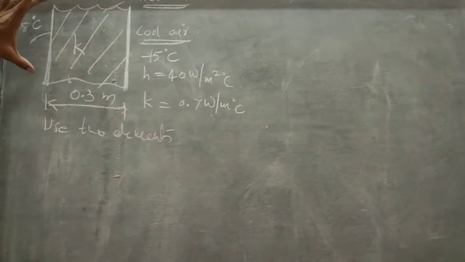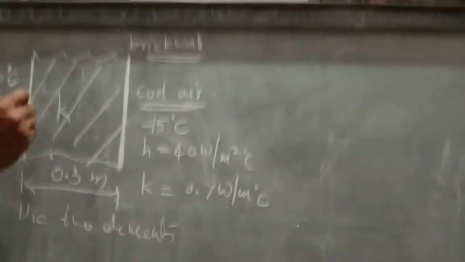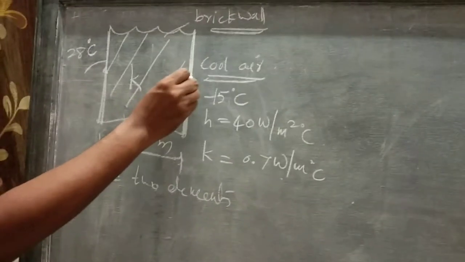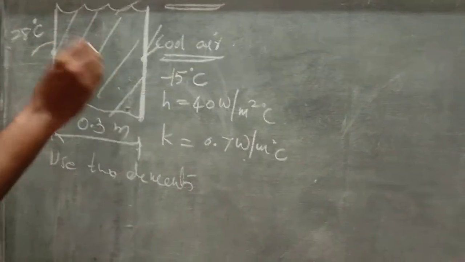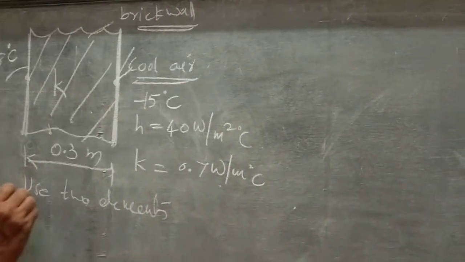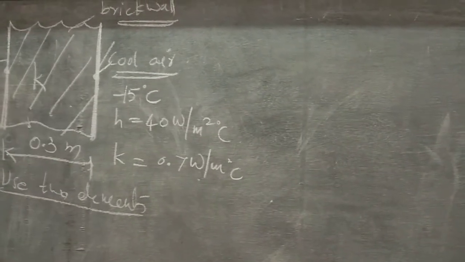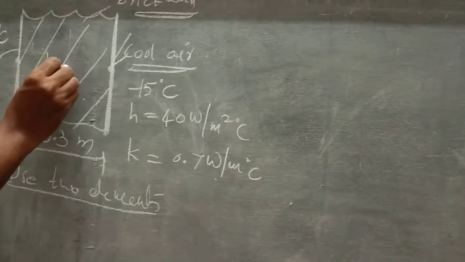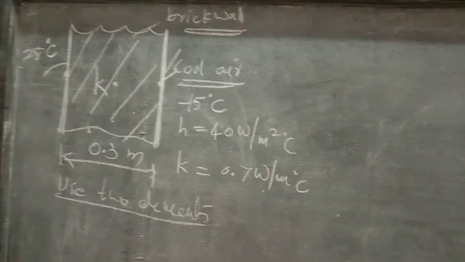Even if you consider a single element, you will get the solution, only the temperature you will get is T2, the outside wall temperature, since 28 degrees Celsius is given. But here it is asked to consider two elements, so we will get the temperature at the center of this brick wall also.